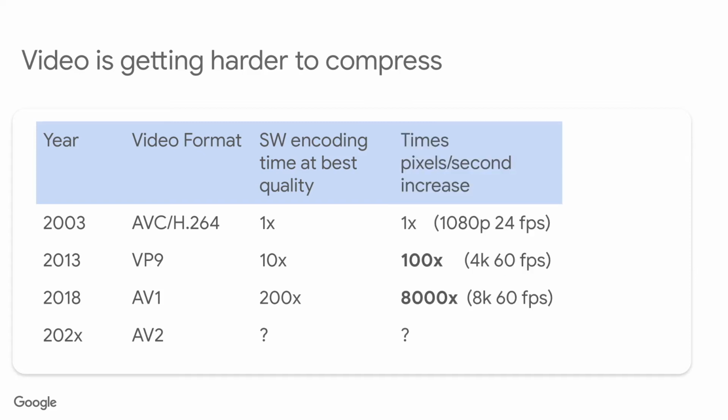If we further compound this effect with the increase in resolution and frame rate for the top quality video, we can see that the time to encode a video from 2003 to 2018 has grown 8,000-fold. It is very obvious that the CPU performance improvement has not kept up with this massive complexity growth. And to keep our video services running smoothly, we had to consider warehouse scale acceleration. We also knew things would not be getting any better with the next generation of compression formats.